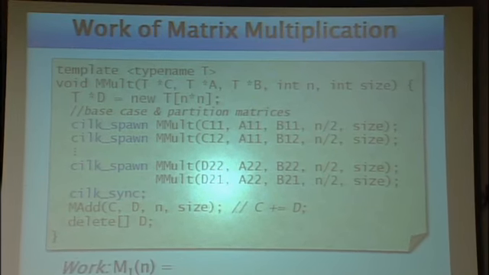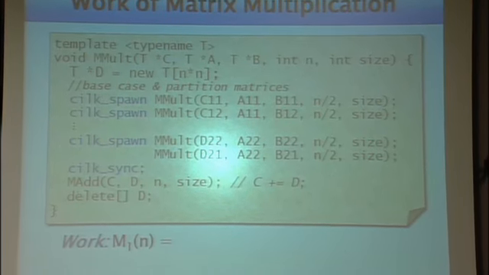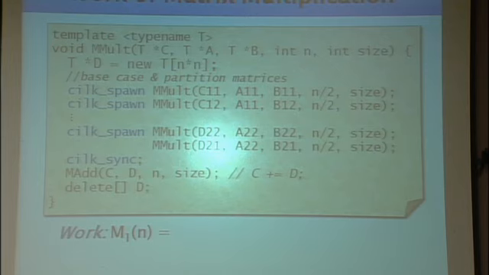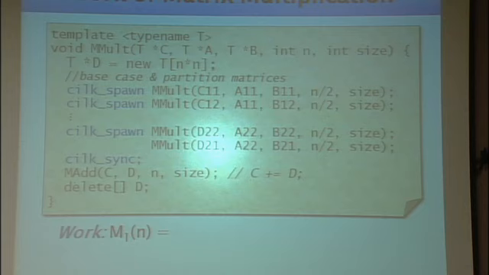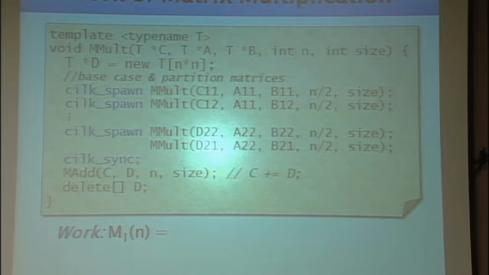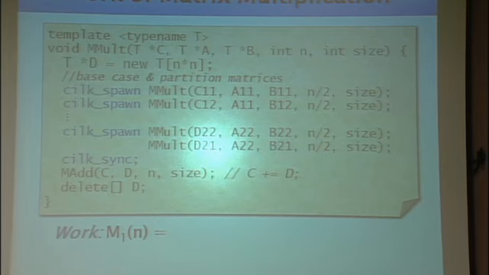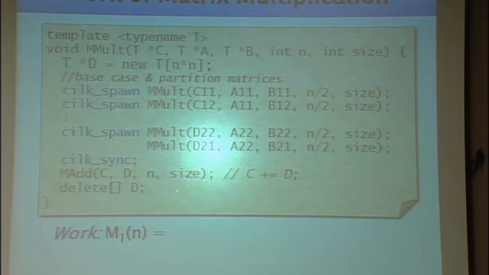Okay, what is the work of the matrix multiplication? Well, for this, what we want to do is get a recurrence that we can then solve. So what's the recurrence that we want to get for M_1 of n? Yeah, it's going to be 8 M_1 of n over 2 plus, because that corresponds to these things, plus some constant stuff plus the work of the addition.